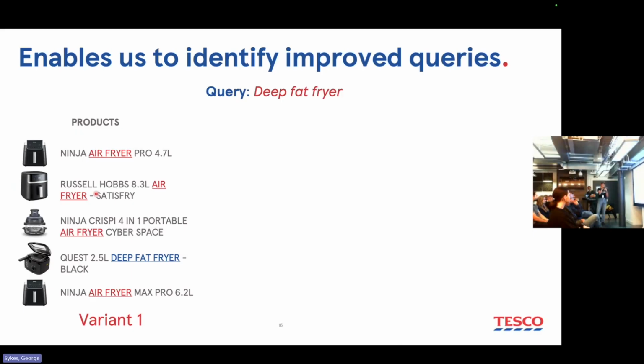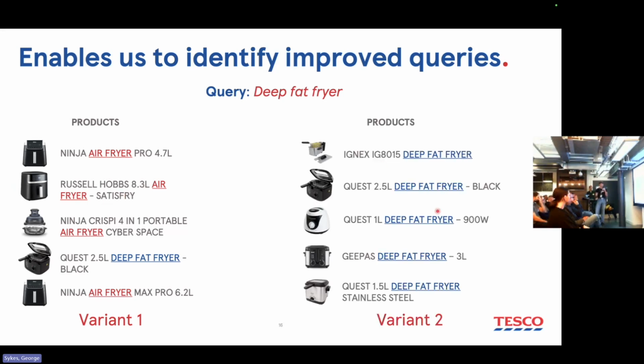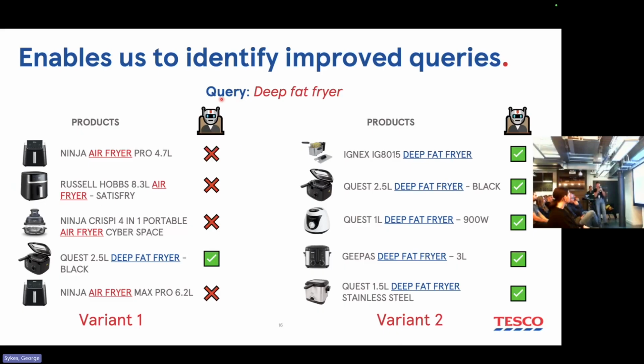Variant 1 is returning a set of products where you can see there's a problem in the system returning air fryers instead. And in variant 2, we get a much better recall set. These were the judgments generated by the model, and we were able to immediately identify this query out of the larger query set we're evaluating on as being something that had improved with variant 2.